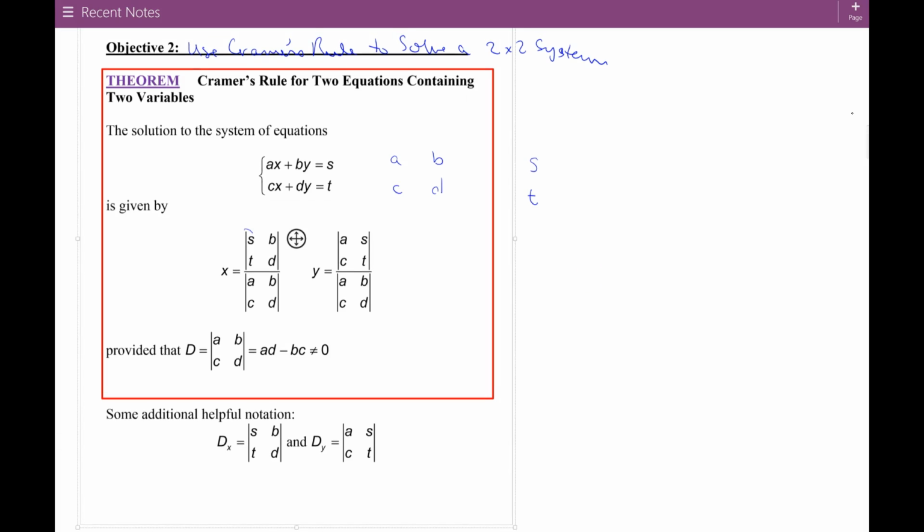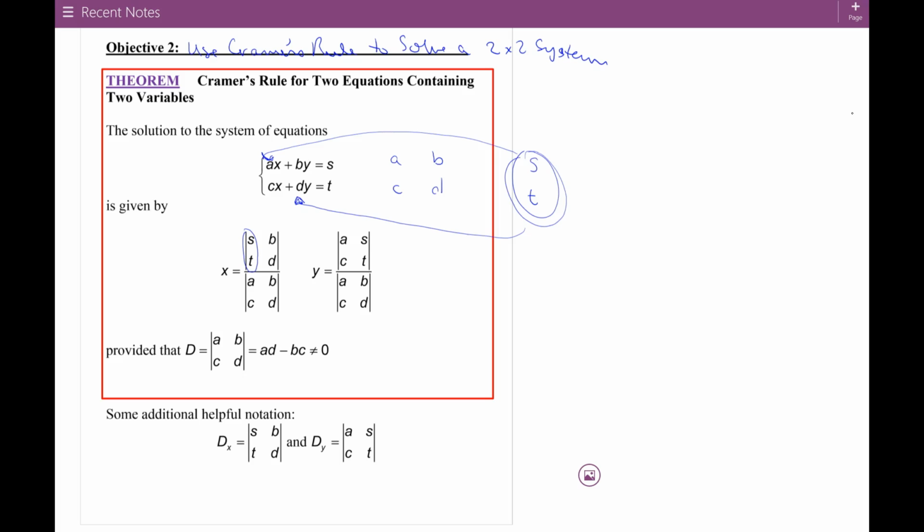If you replace the X column, the first column, with the constants column, and you find that determinant, and then you divide by the determinant of the original coefficients, you'll get a value for X. And then if you take this S, T constants and you replace the coefficients on the Y's with those 2 numbers and do that determinant divided by the same original determinant, you'll get the value for Y.